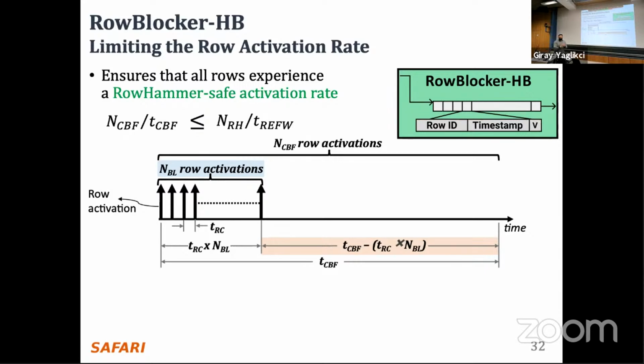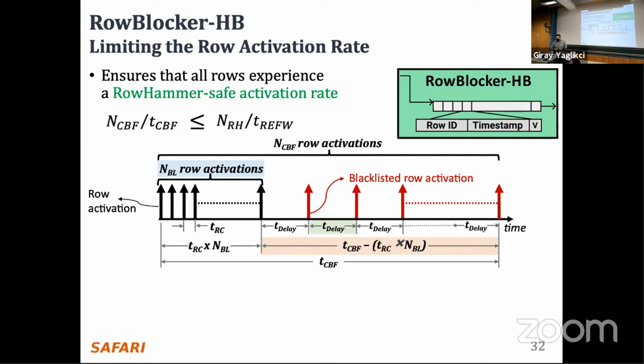So what are we going to do with the blacklisted rows? This is the question. We show a blacklisted row activation in red color here. What we do is we enforce a delay between the row activations. Up to this level, we allow the row to be activated as frequently as possible. But after it is blacklisted, we enforce this tDelay such that the total number of activations is not going to exceed the RowHammer threshold.